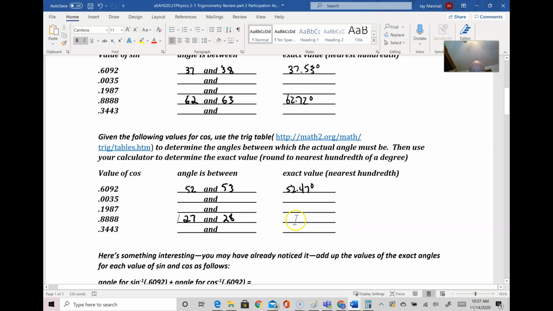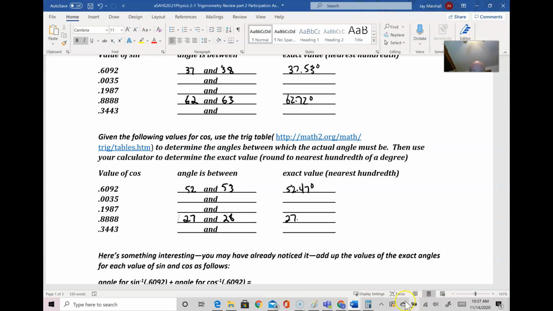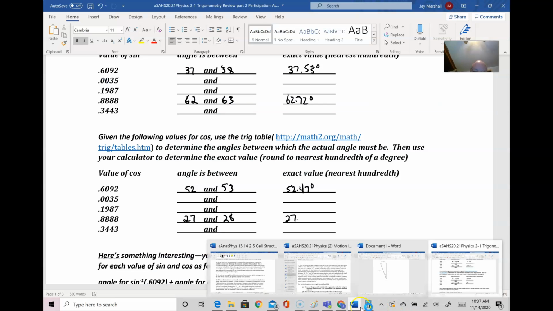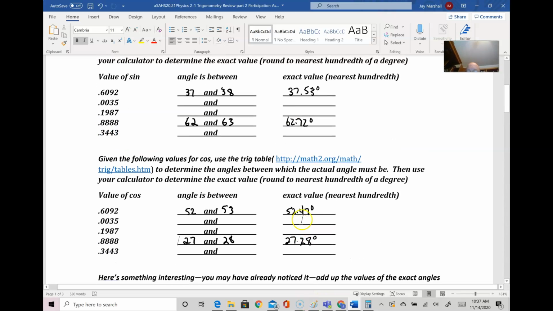And I'm just rounding it, right? So 27.28 degrees. Okay, so that's how I do those. And you can do the rest.